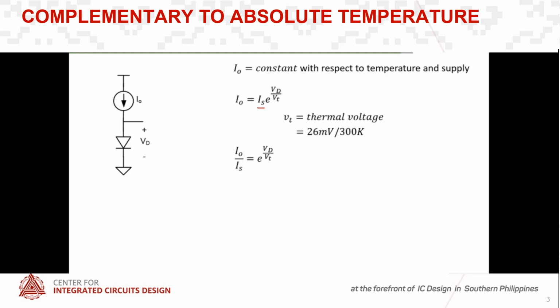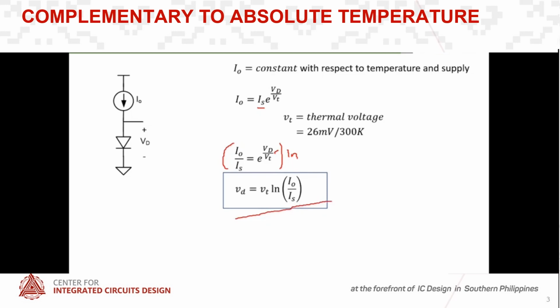In order to solve for VD, we apply the natural logarithm to both sides, and simplifying that, we get VD is equal to VT ln IO over IS. So this voltage is CTAT in nature.